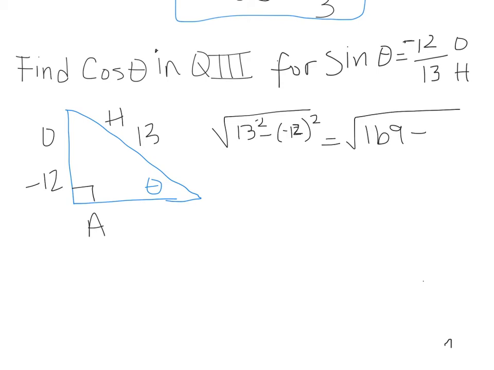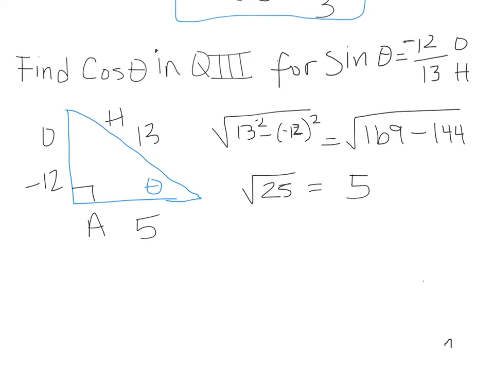They'll say negative 12 squared is negative 144, and that's actually not right. It's just positive 144. So you have the square root of 169 minus 144, and you get the square root of 25, which is 5. So the adjacent side is 5.